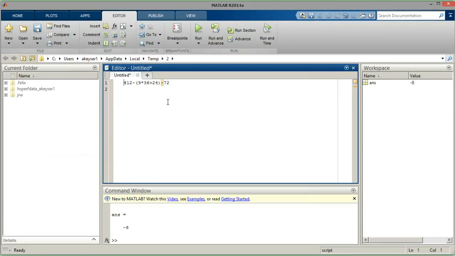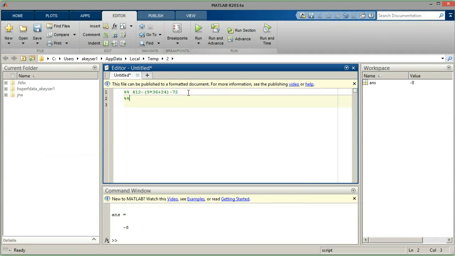So for example, if I use a double percent sign here, I'm saying to MATLAB, I want to separate this from the next problem I'm going to do. Basically, you're creating sections within your document. So if I go to my next line and I enter another double percent sign, you'll see this gray line that appeared, and that's telling me I'm in a different section.